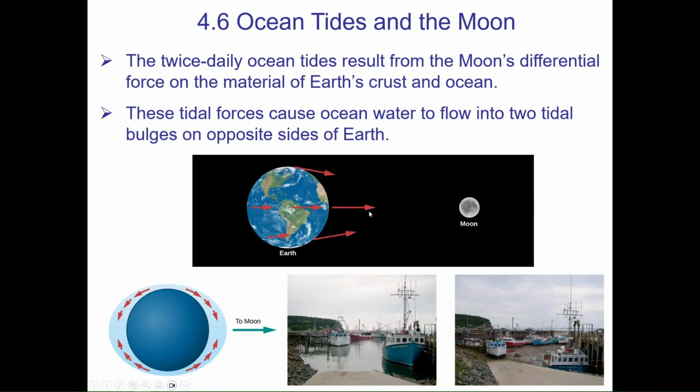Now let's talk about why the moon, and not other objects, is actually causing the tides. Remember, among all the celestial objects, the moon is the closest to the Earth.